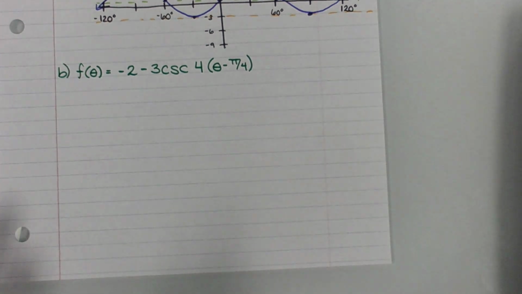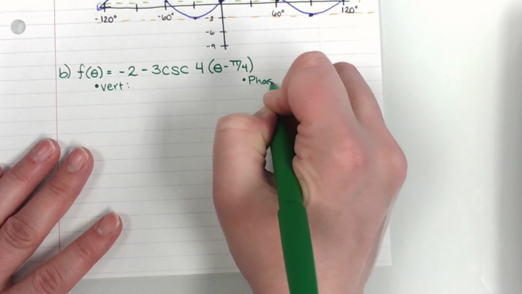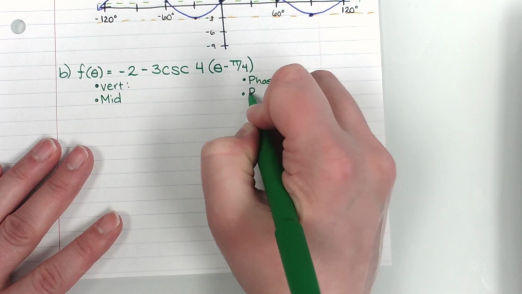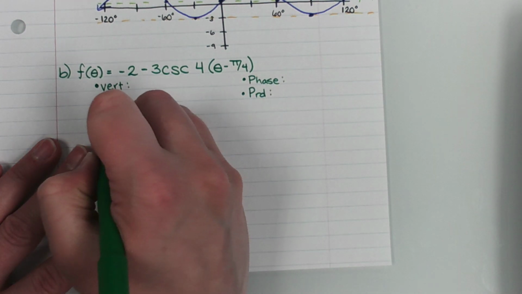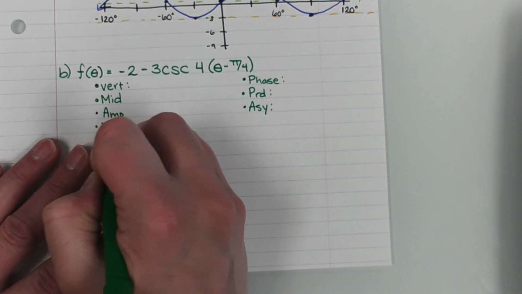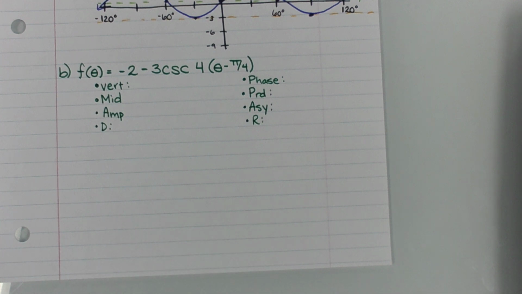Now this next one we're going to do in a little bit of a different order. Let's say I forgot how to find all of these things.